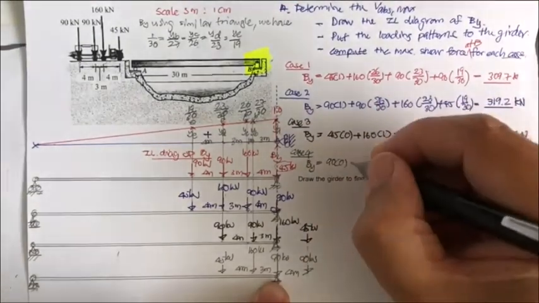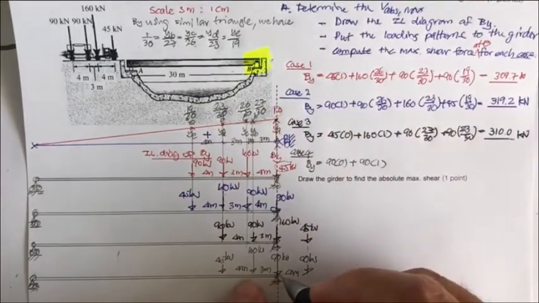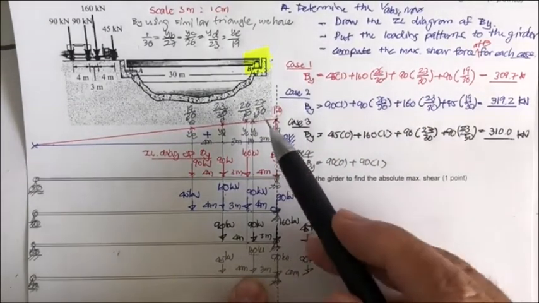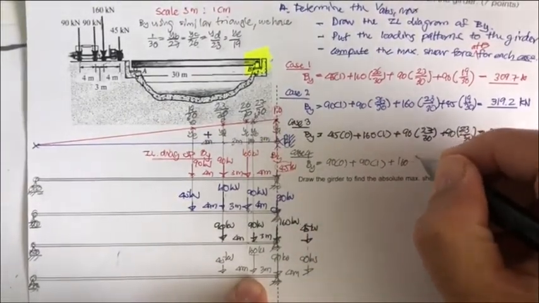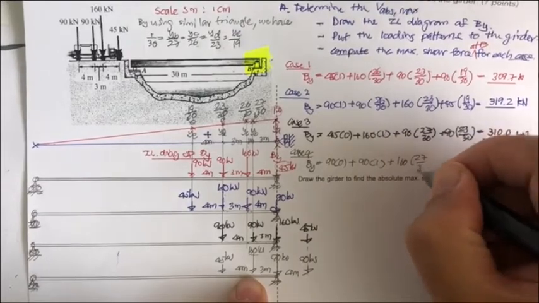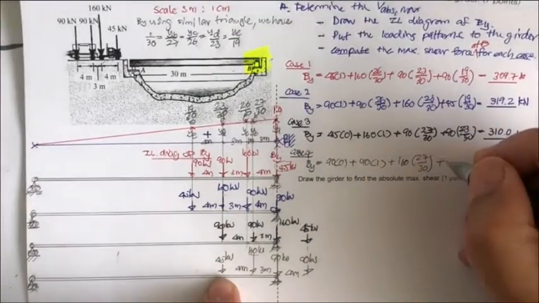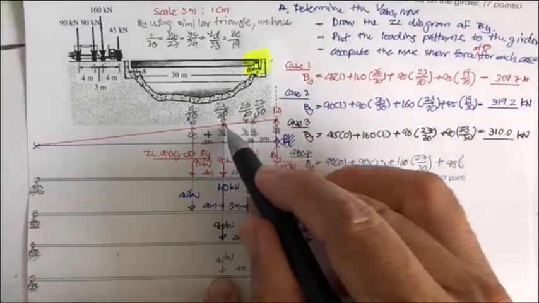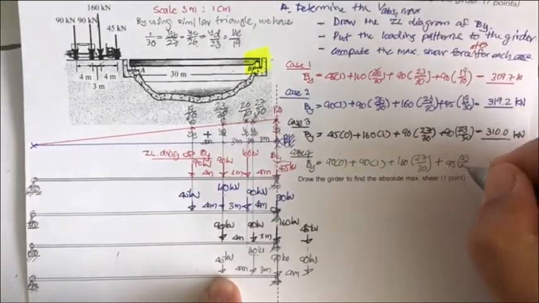Okay, this is 90 plus another 90 times 1, and this is 3 meters. And 160 times this one, plus 160 times 27 divided by 30, and plus the last one, 45 plus 45, and this one is 7 meters, so it's going to be 23 over 30.